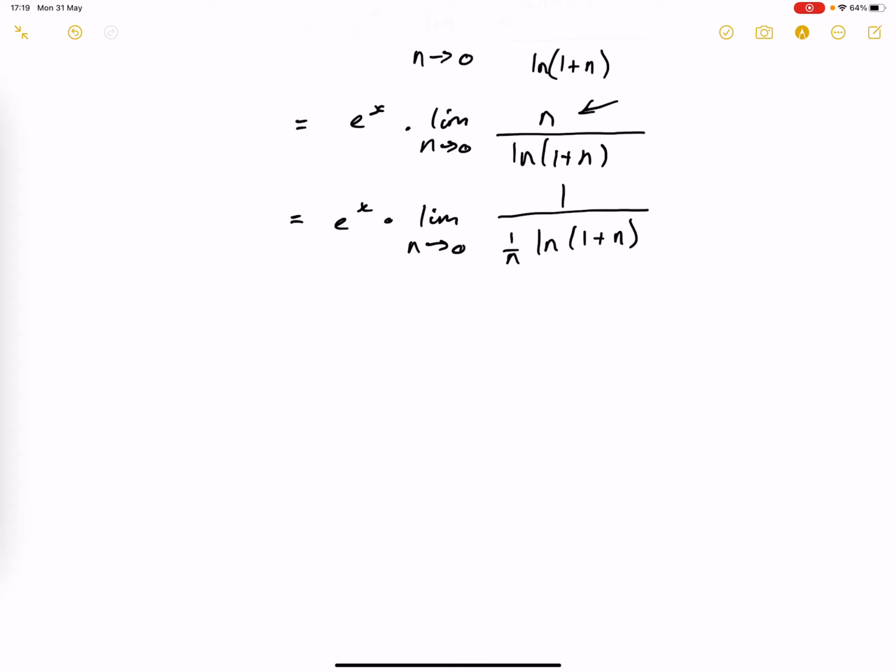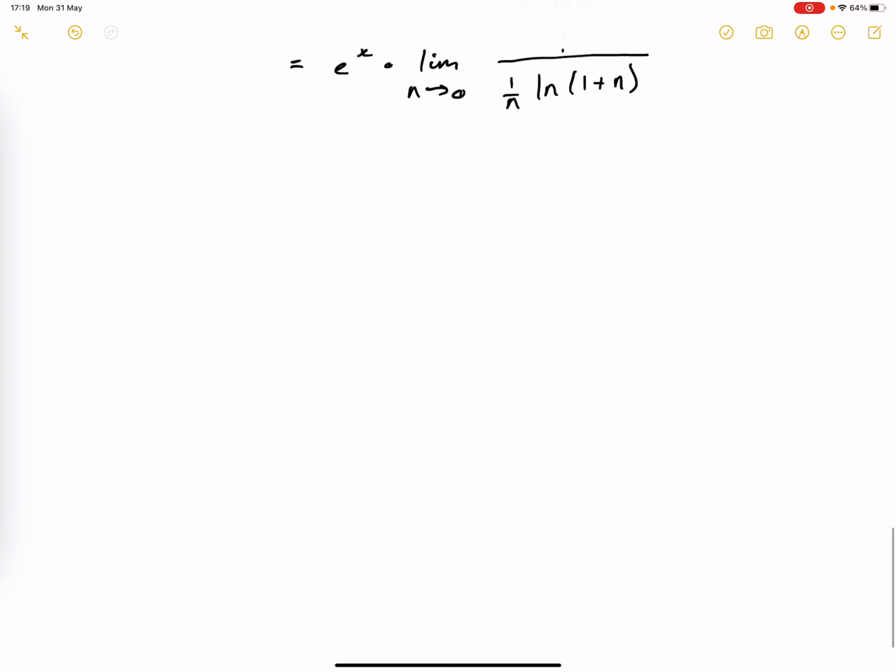Using laws of logarithms, I can now take this up and put it as a power. So I have e to the x times the limit as n tends to 0 of 1 over ln of 1 plus n to the 1 over n.